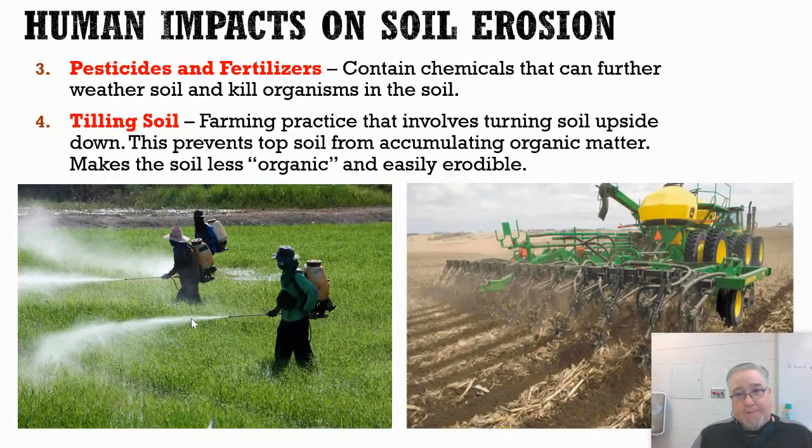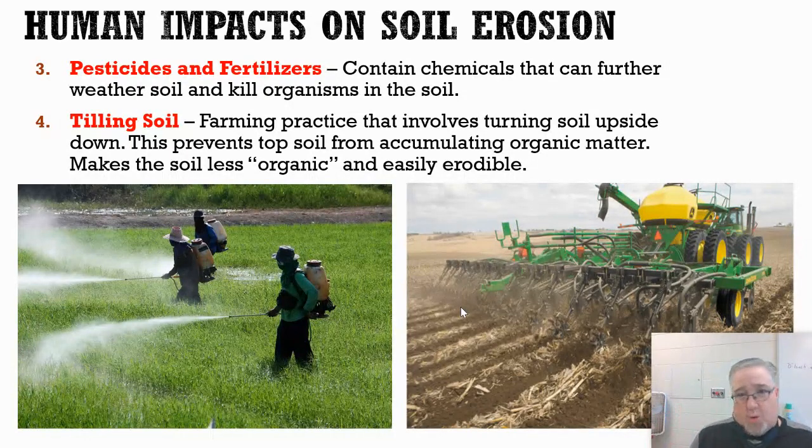The last one, we're going to talk about this one a lot more in Unit 5 when we have our unit on agriculture. This is called soil tilling. Tilling is basically just turning the soil upside down. And when you do that, it really impacts that organic layer of soil.